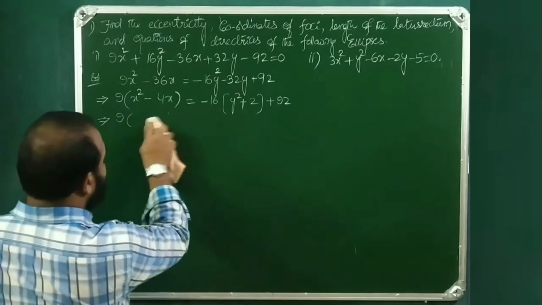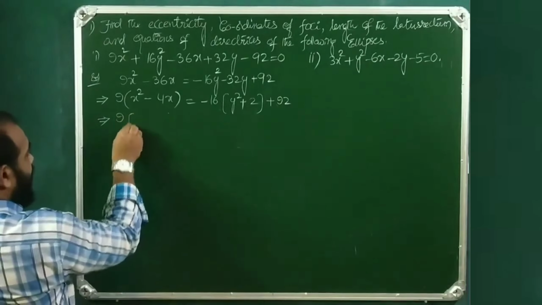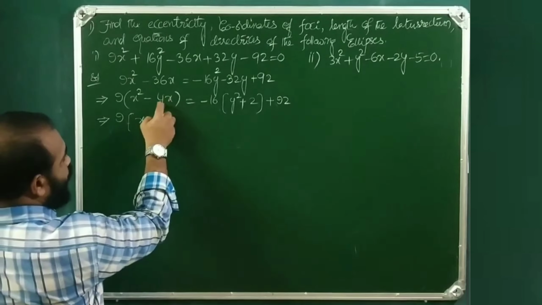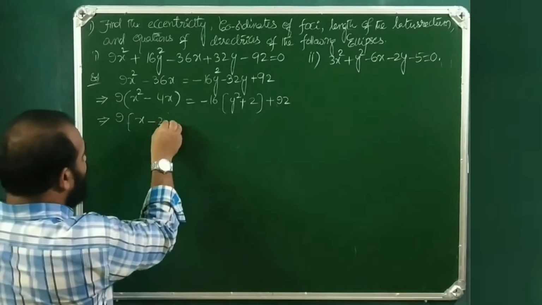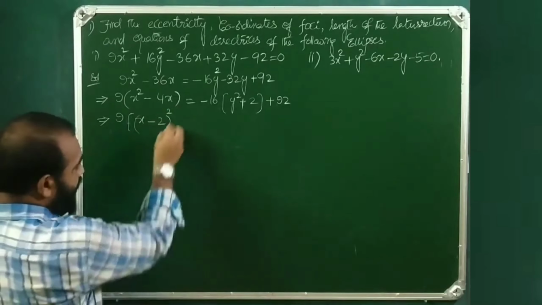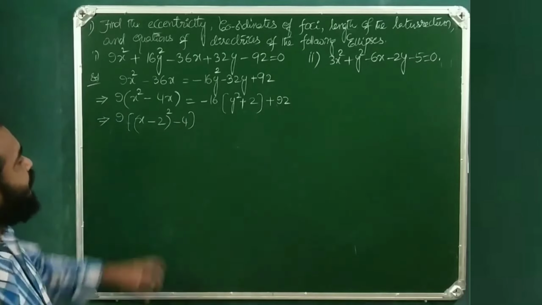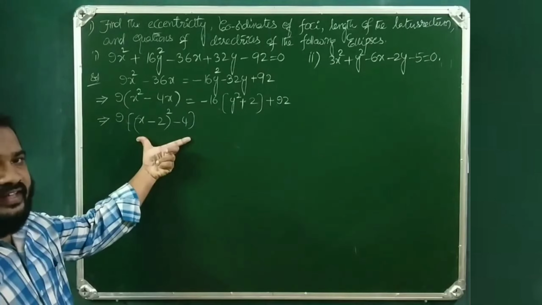This can be written as (x − 2)², where half of 4 is 2, completing the square, minus 2² is 4. So x² − 4x can be written like this.